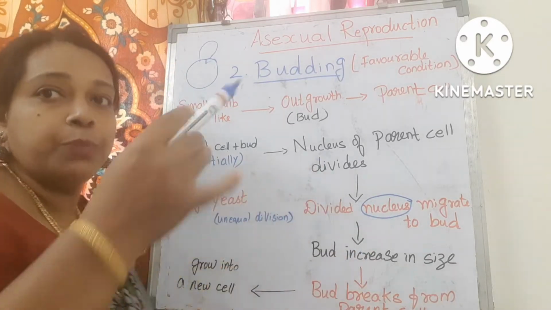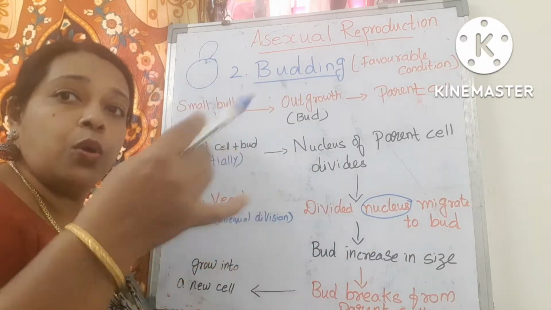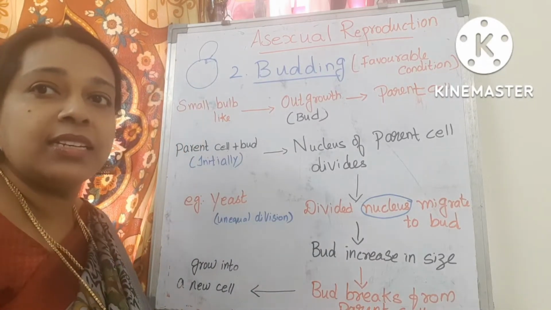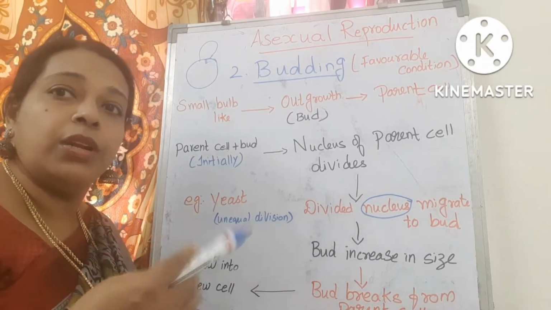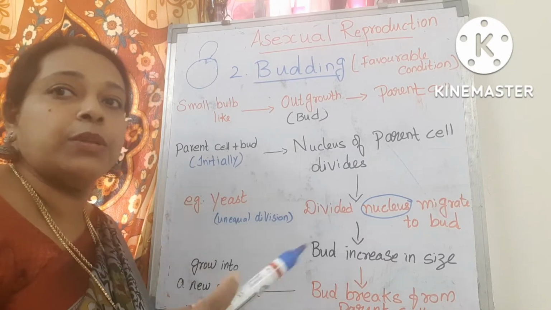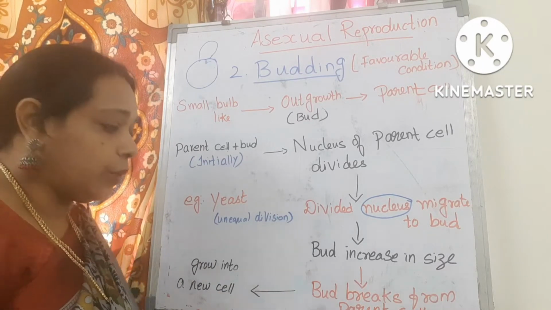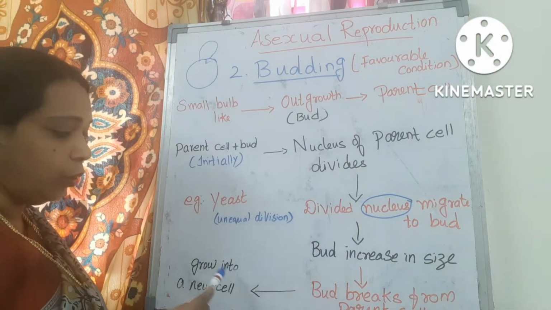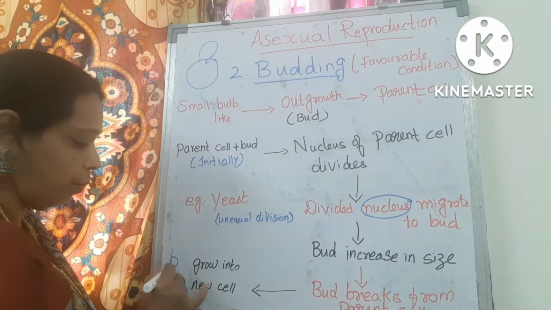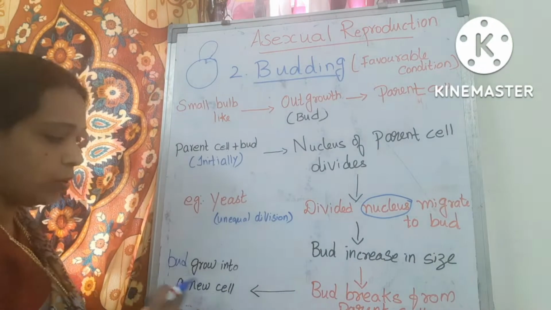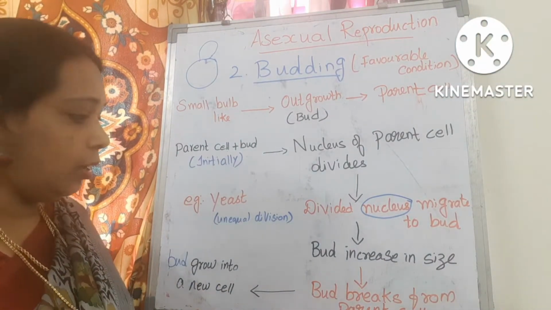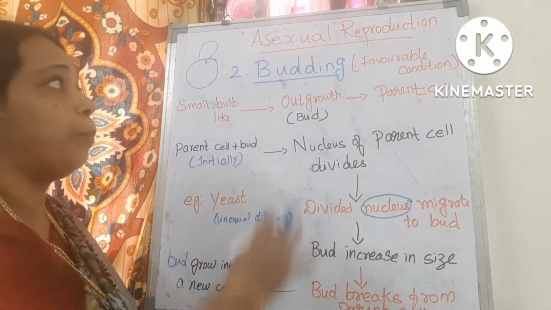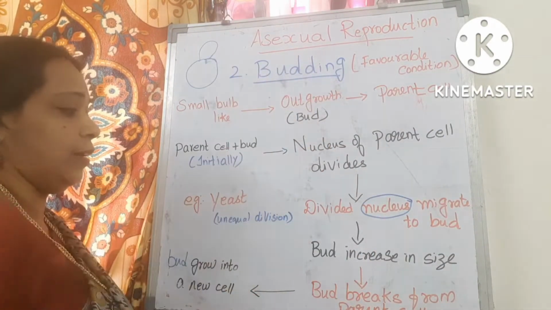The bud becomes bigger, matures, and breaks off from the parent cell. Once it is mature and able to live alone, it detaches from the parent cell. So the bud breaks from the parent cell and grows into a new cell. These are all the steps which happen in the process called budding.